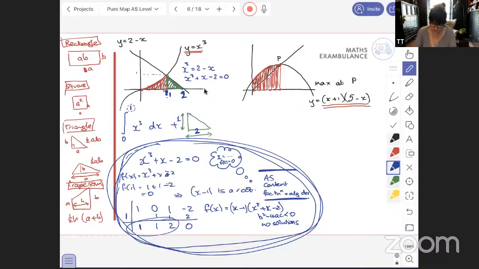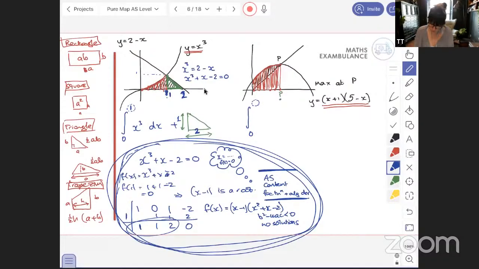Right, last one, is this the last one? Yes, last one. So I can see, because I did the red area, that I am going to be finding this whole thing, which, extra job, don't know what that is, always an extra job. But once I've worked out what that is, my red area goes from 0 to whatever that is.